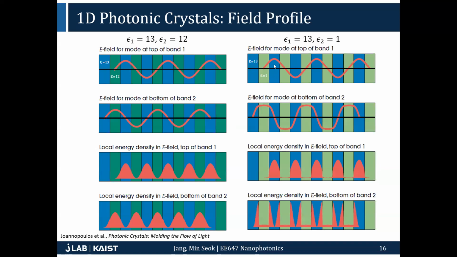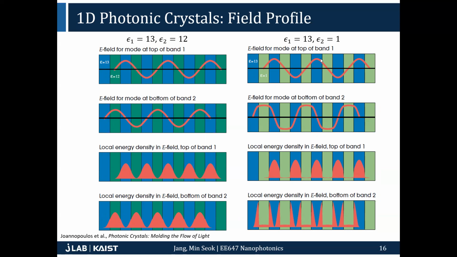And we learned that in the lower band, most of the energy, most of the electric field basically lies in the high index medium. So if you have more energy residing in the high index medium, your entire frequency gets lower.